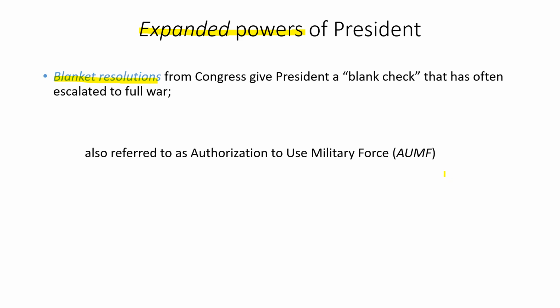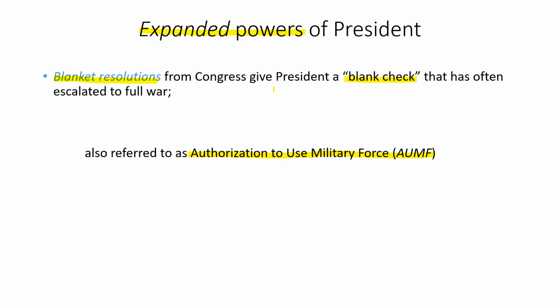Well, what Congress does instead is give the president essentially a blank check that says, okay, there's a problem over there in another country or another region, and we want to give you an authorization. These are sometimes, most recently, called authorization to use military force, AUMF. So, Mr. President, take care of that problem.